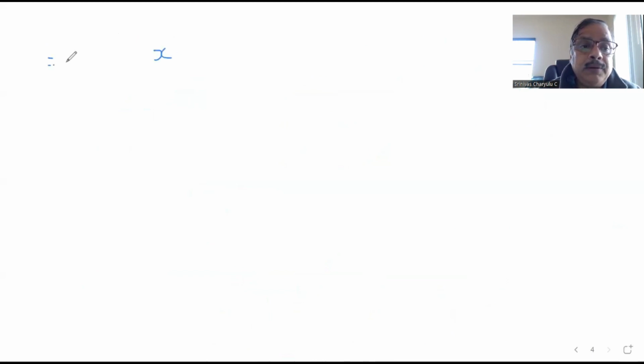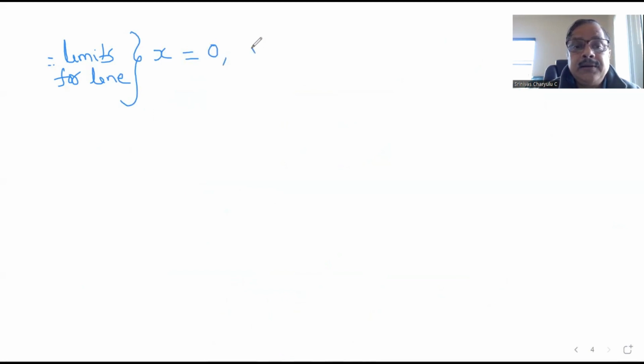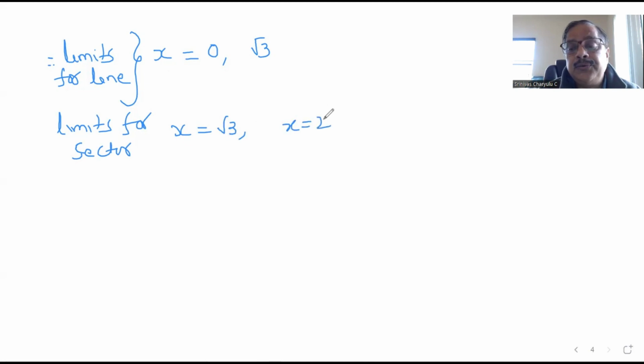Therefore, limits for the line: x is equal to 0, comma, then root 3. Then limits for the sector: x is equal to root 3 and x is equal to 2.